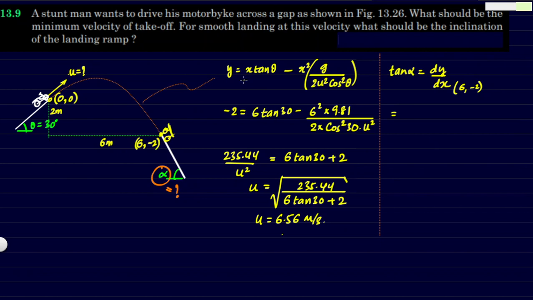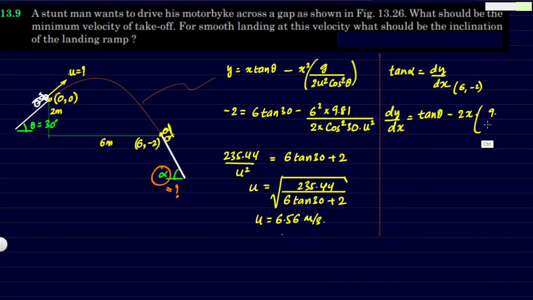When you do dy by dx from that equation, applying differentiation on both sides, on the left side we get dy by dx, and on the right side theta is going to be constant, that is the angle at which it is leaving the platform. So we're just going to get tan of theta over here, and minus x. So x, again we need to differentiate, we get 2x for this, and whatever is in the bracket is again constant, so we just need to put in those values. g value is 9.81.